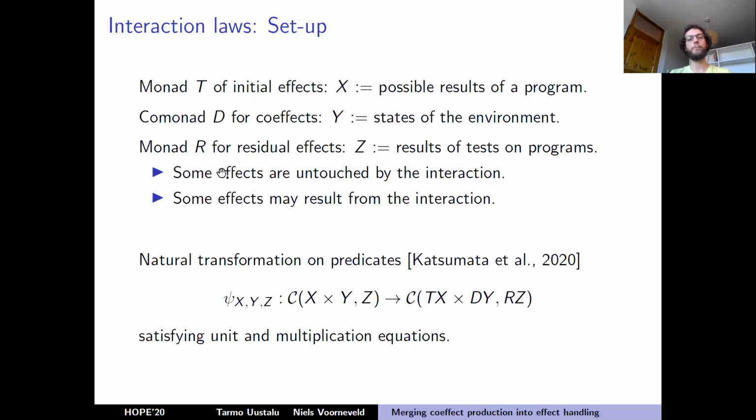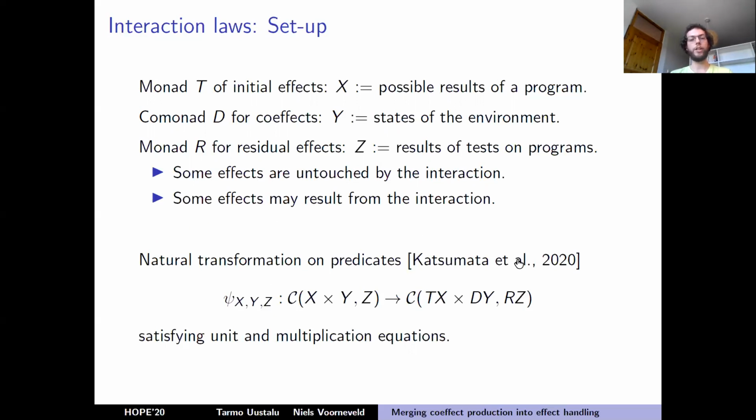There are two types of effects that might be stored in the residual monad: some effects that were from T but were untouched by the interaction, or some effects that may result from the interaction. So maybe the program requested something of the environment which was not there, and then some error was raised, and this error would be a residual effect.